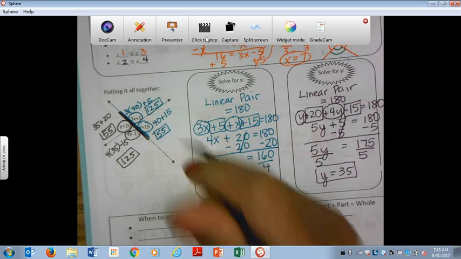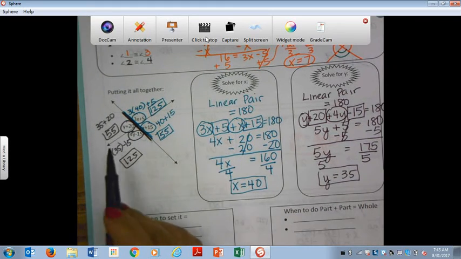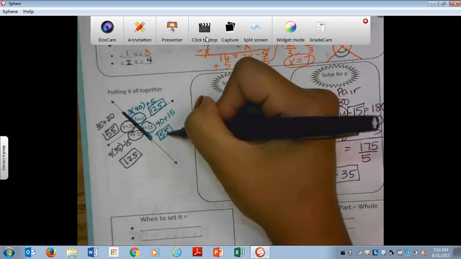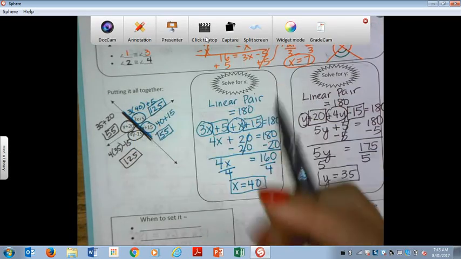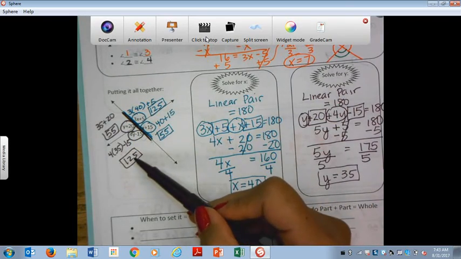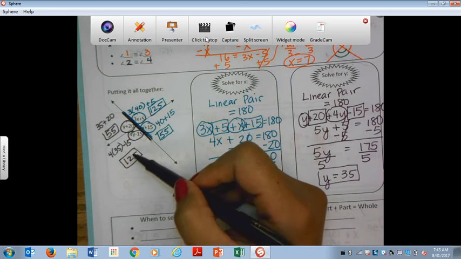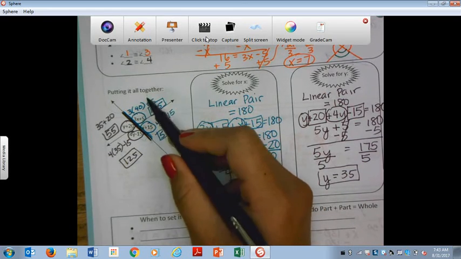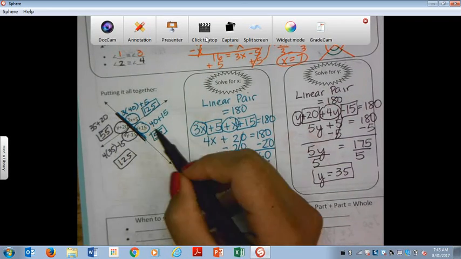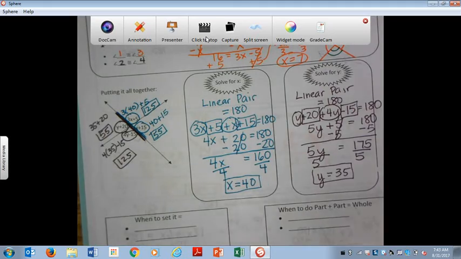This is what makes geometry great. You've got linear pairs that add up to 180, so these two and these two are linear pairs, and then you've got the vertical angles, they're congruent, so everything checks. 125, 125, 55, 55.